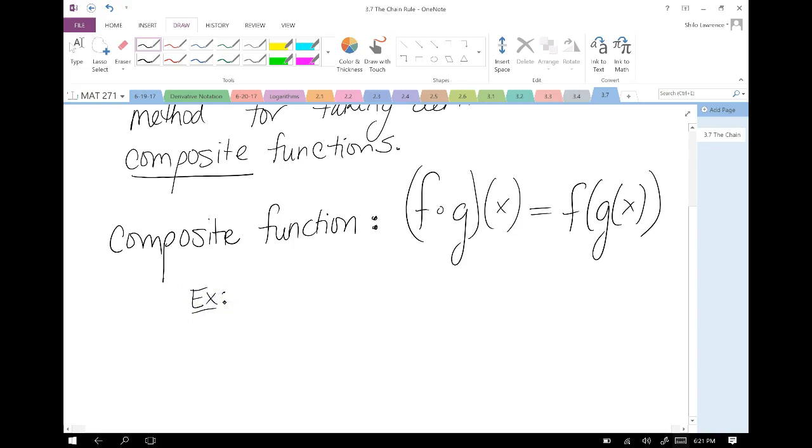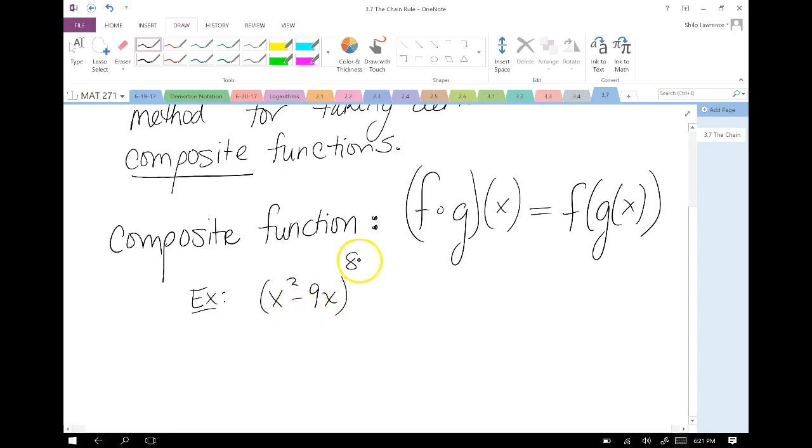But if I'm trying to take the derivative of x squared minus 9x, and the whole thing is raised to the 8th power. Now, I wouldn't want to have to write that out 8 times and FOIL it all out to do the algebra to fix that.